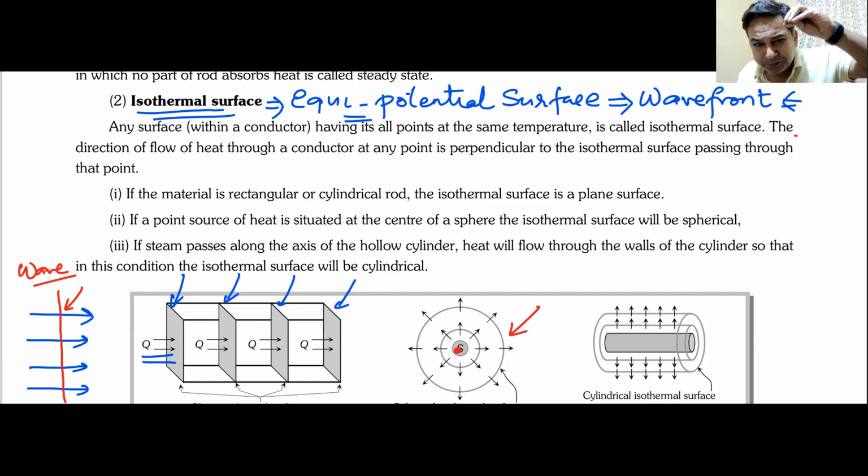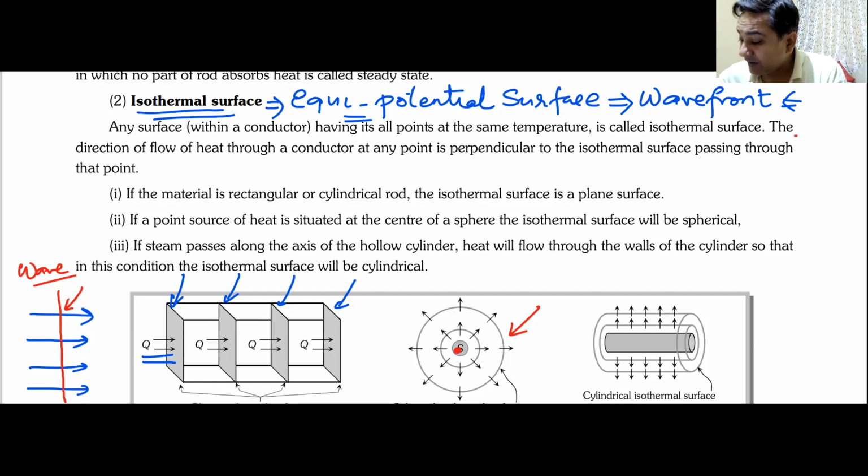If it is a point charge, it creates spherical equipotential surface. Do we understand this? Sir. If it is a point light source, it creates spherical wavefronts. Spherical wavefront, not equipotential. Do we understand this? Yes, yes.